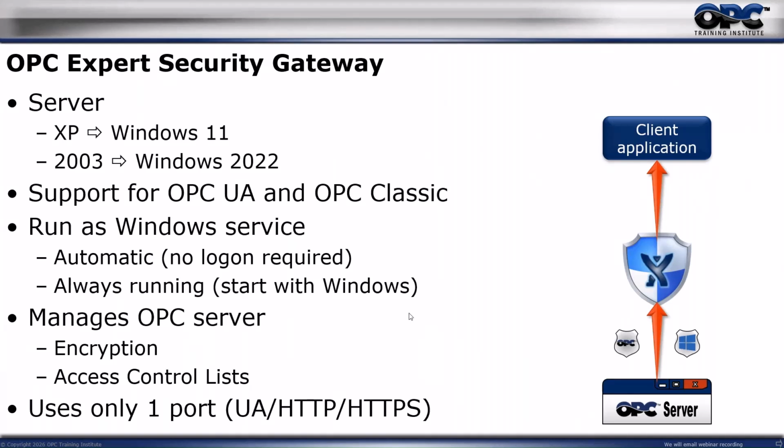So very, very easy to manage from a firewall perspective. You only need to open up one port. So let's take a look at what's going on. But I should really mention one port if you're using UA, one port if you're using HTTP, or one port if you're using HTTPS. You can use any of these, but you really only need one port to do this.